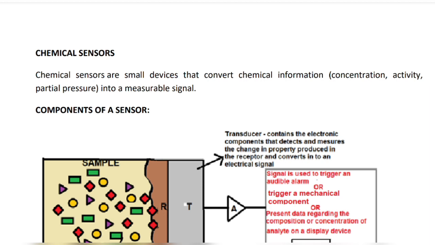Chemical sensors are small devices that convert chemical information like concentration, activity, or partial pressure of a substance into a measurable signal. The sensor converts that chemical information related to a species into a measurable signal.